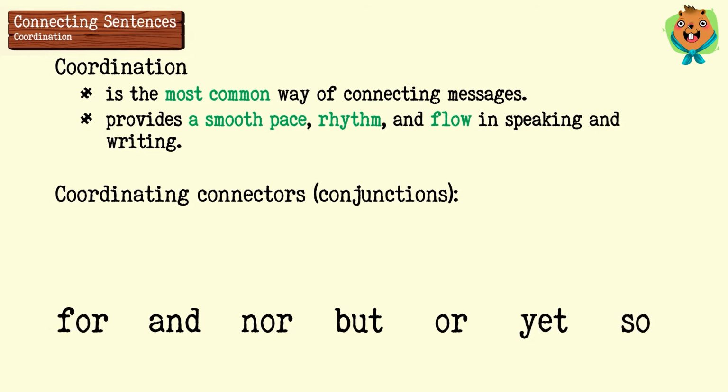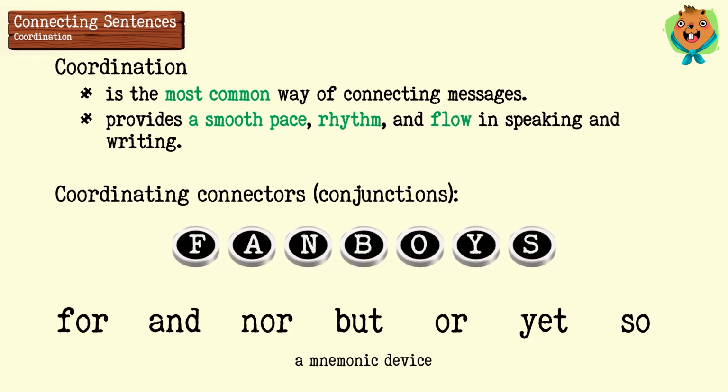It is a good idea to memorize the list of the coordinating conjunctions, and the best way is to use a mnemonic device. A mnemonic device is a tool we use to memorize information and remember it later. To remember the list of the coordinating conjunctions in English, we can put the initial letters of the conjunctions together to form the phrase FANBOYS.